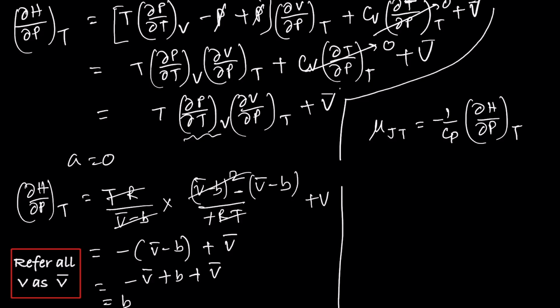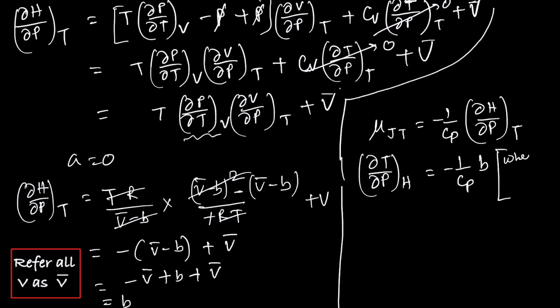What is the Joule-Thomson coefficient? We know del T by del P at constant H, that was the Joule-Thomson coefficient, which is minus 1 by C p into B, in the Van der Waals gas case where A equal to 0.